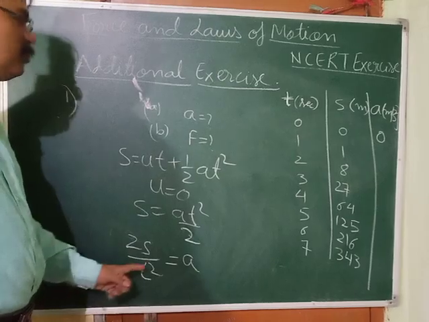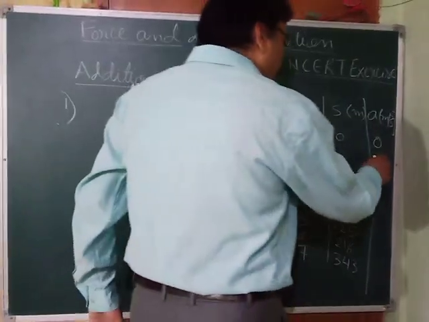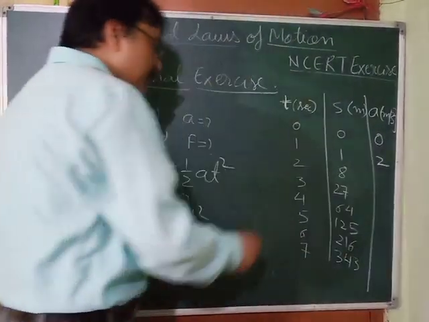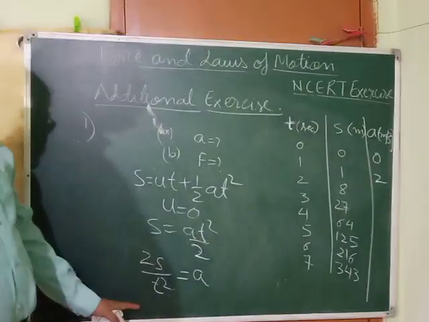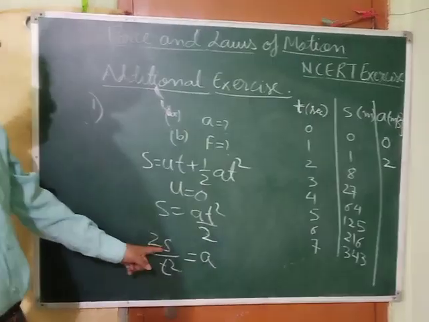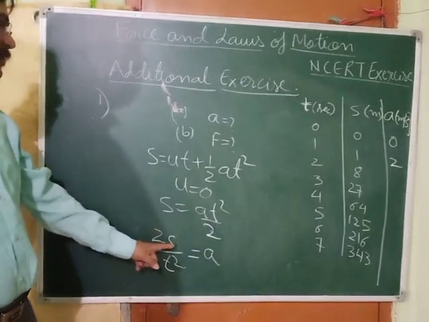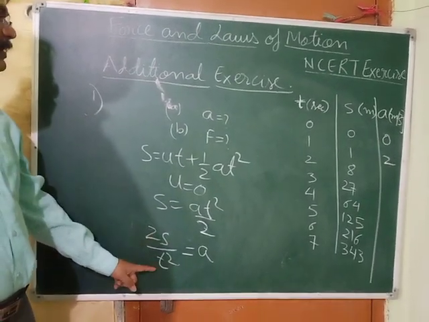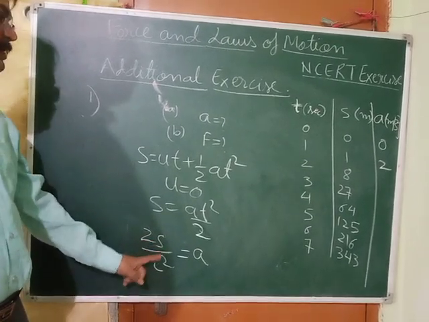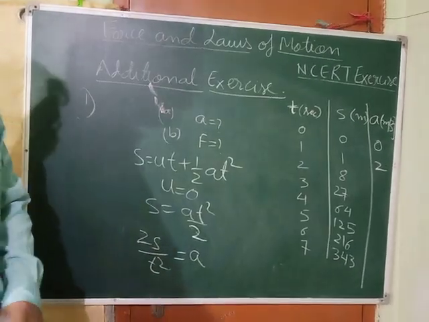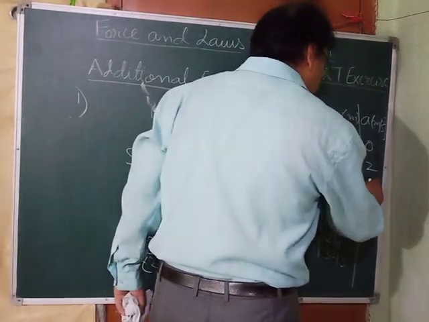So 2 by 1 is 2 meter per second square. Now s is 8, so 2 into 8 is 16, and t is 2, so 2 square is 4. So 16 by 4 is 4. So acceleration is 4.